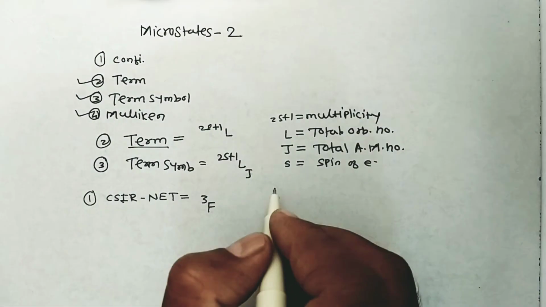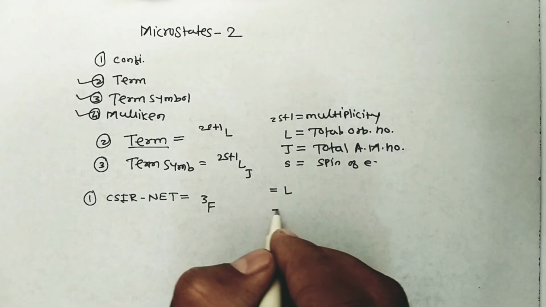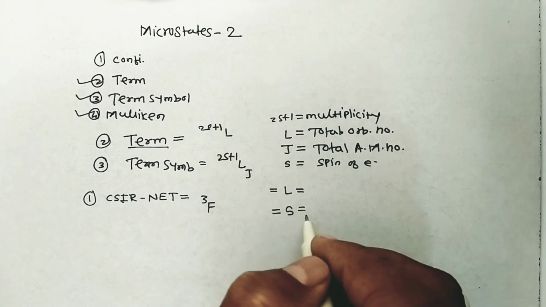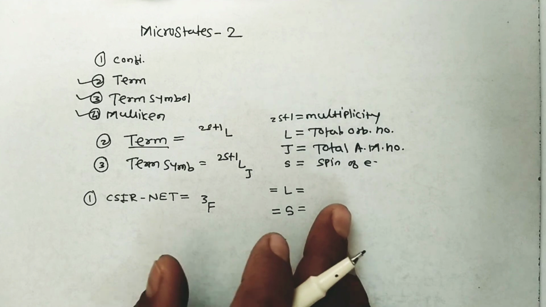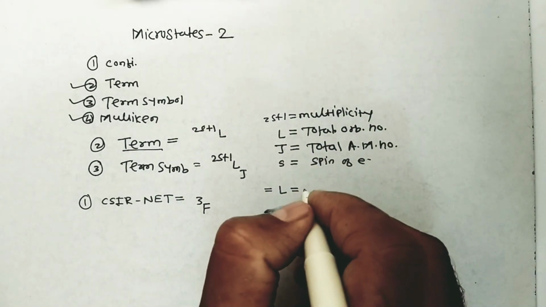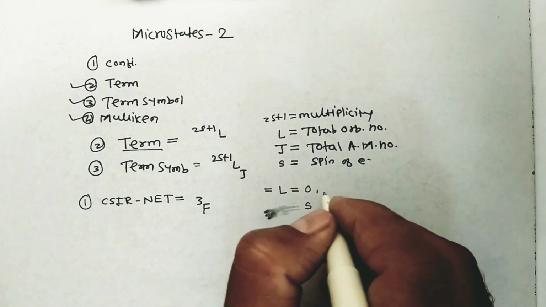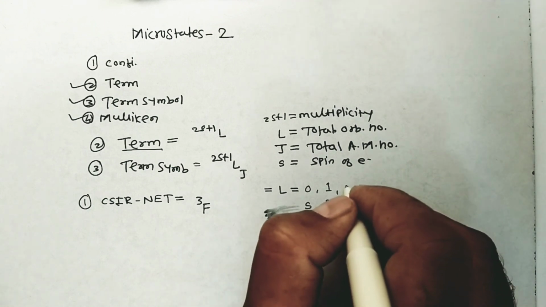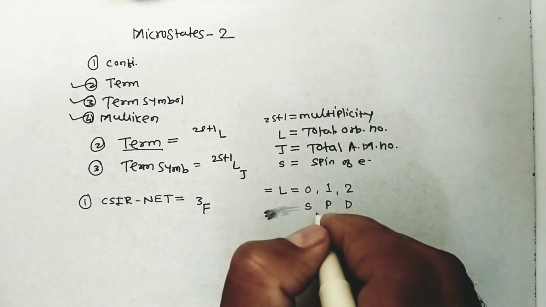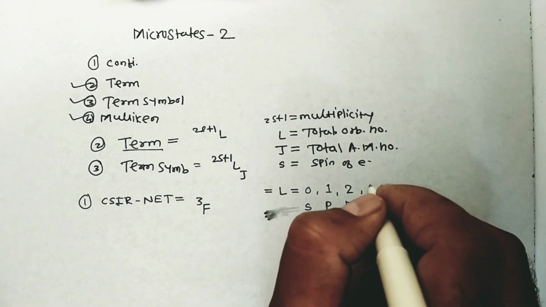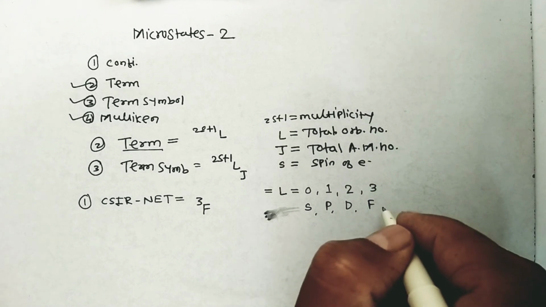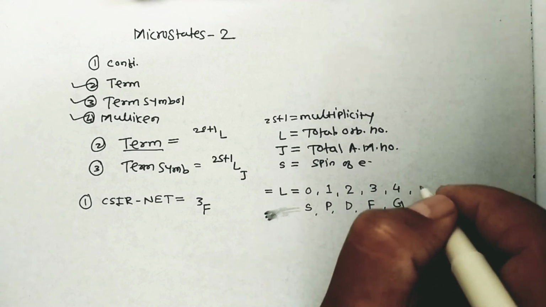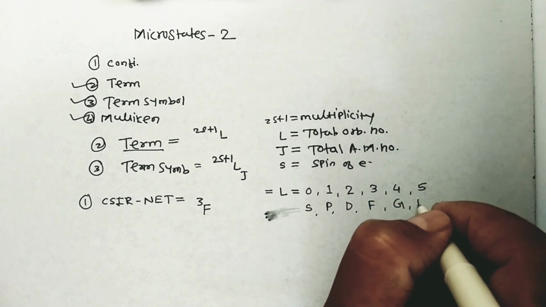So initially you should know the values of L and the term letter for these values of L. For L equal to 0, the term letter is S. For L equal to 1, the term letter is P. For L equal to 2, the term letter is D. For L equal to 3, the term letter is F. For L equal to 4, the term letter is G. For L equal to 5, the term letter is H, and so on.